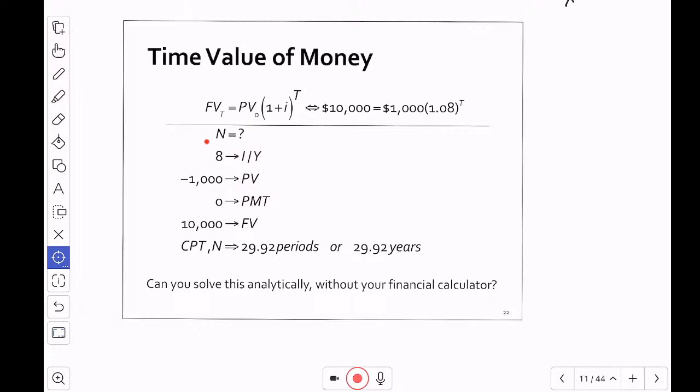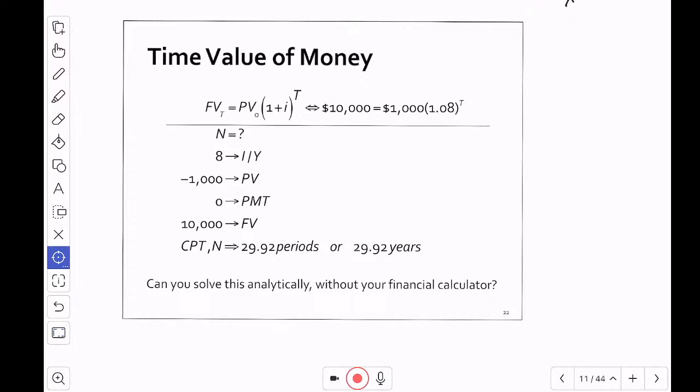Now you leave N empty. 8 goes into interest. Negative 1,000 into present value. There are no payments, so put a 0 placeholder. You have to put that in. And then 10,000 in future value.